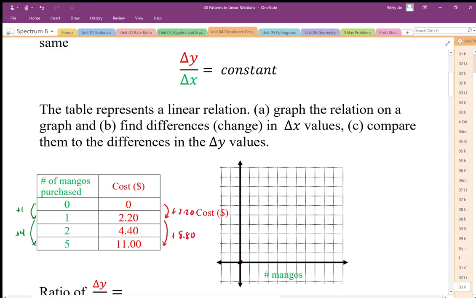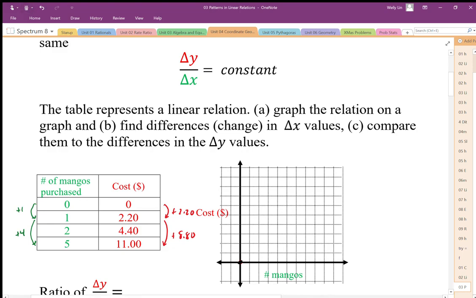And notice that the ratio of change is going to be $2.20 for every mango. So 8.80 to 4 reduces to $2.20 per mango. So this is our linear relationship. When we see this constant ratio of change, we are talking about a straight line pattern.